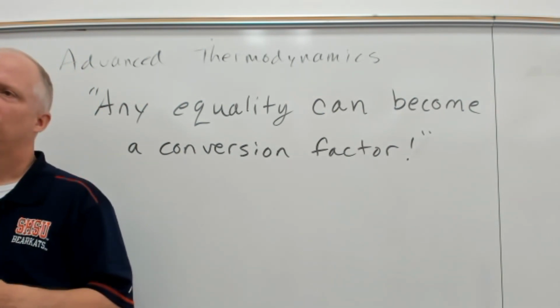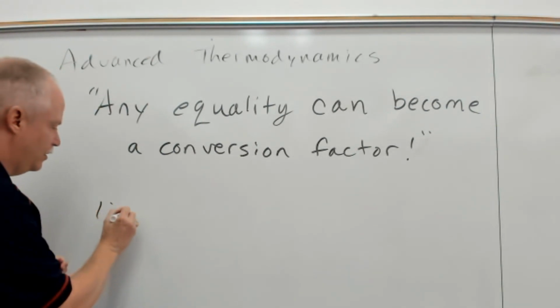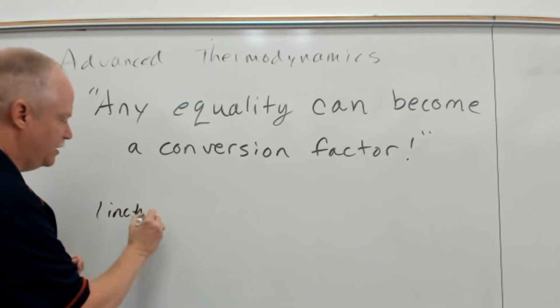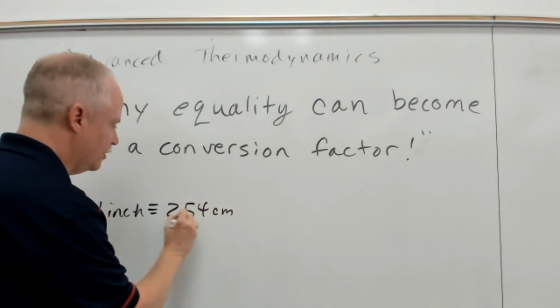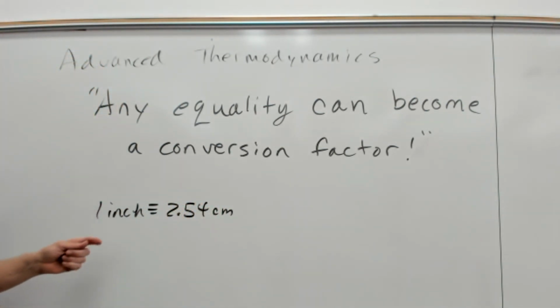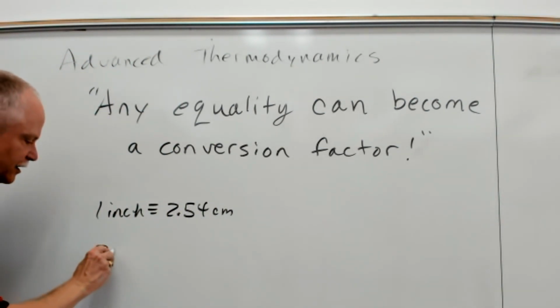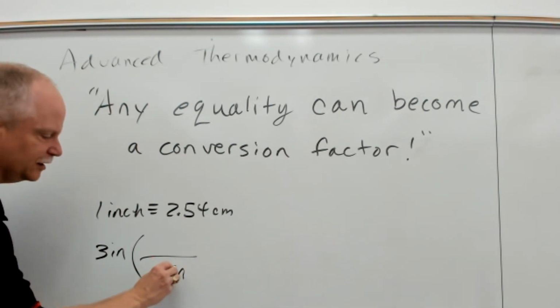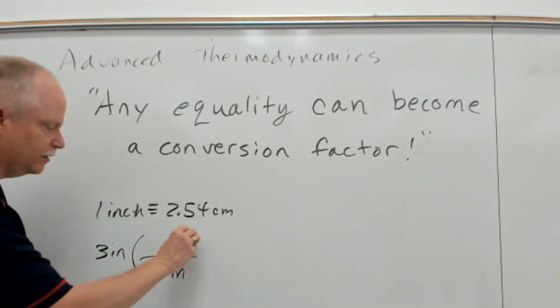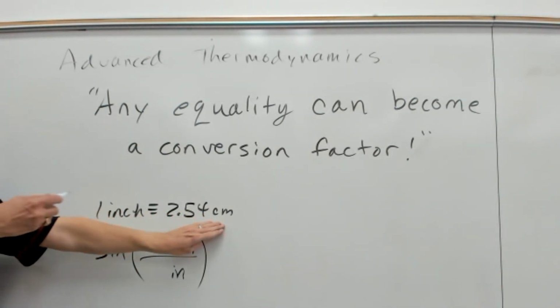Because if I know that 1 inch is defined as 2.54 centimeters, then I can use that as a conversion factor. If I have 3 inches, then I know I need to get rid of inches and get into centimeters. And so this is an equality.